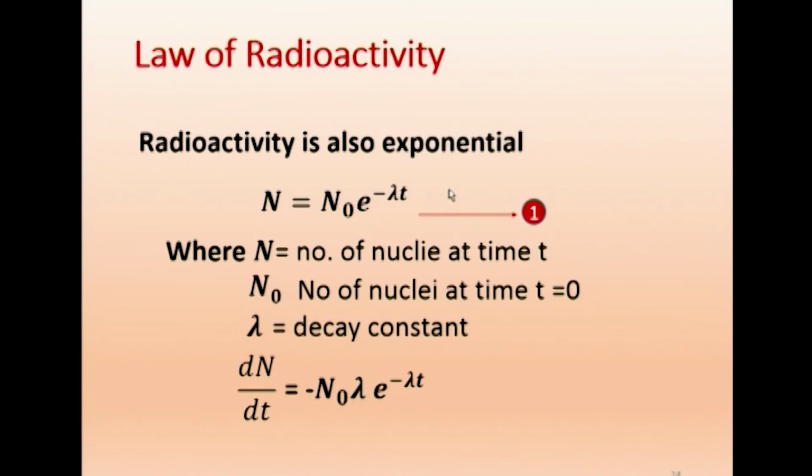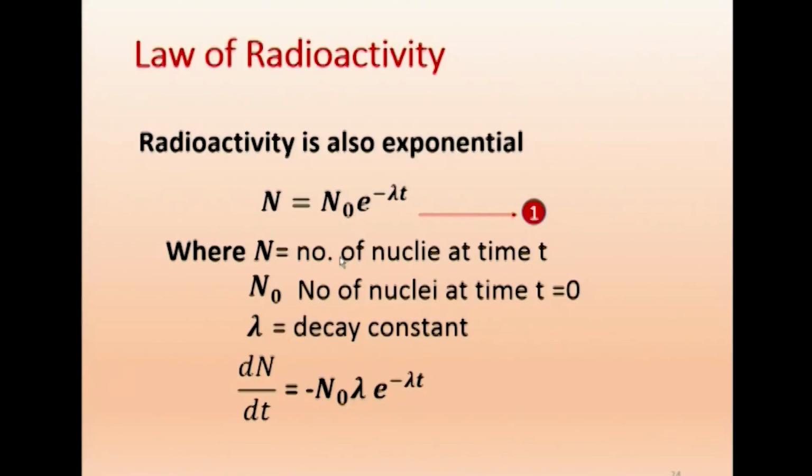Finally, when t goes to infinity, it will become 0. So, only when t goes to infinity will the number of nuclei completely become 0. If you put time t equal to 0, e power minus lambda t is 1, so I get N equal to N0. So, that is the maximum number available.